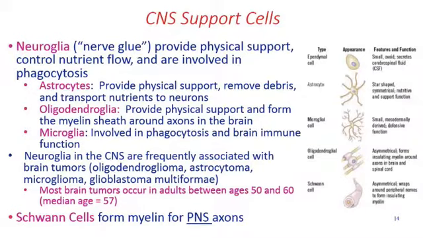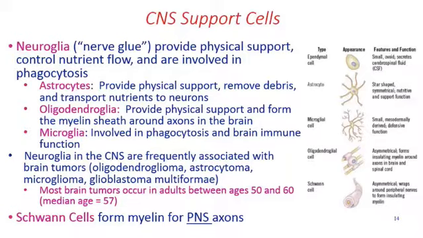And they provide physical support, control nutrient flow, and they're involved in phagocytosis and the immune system functioning in the brain. The neuroglia, or sometimes just glial cells, or glia, consist of three principal types of glial cells in the central nervous system, and that would be the astrocytes, the oligodendroglia, or oligodendrocytes, and the microglia.